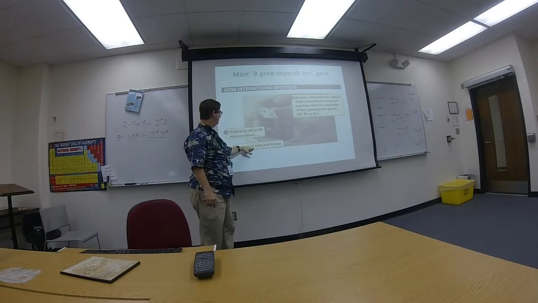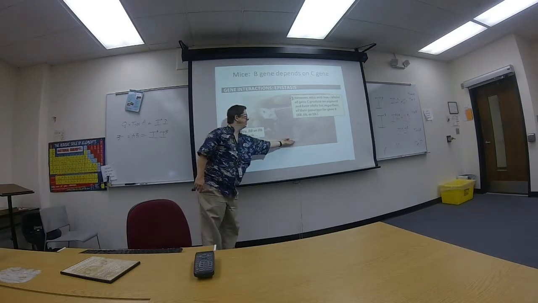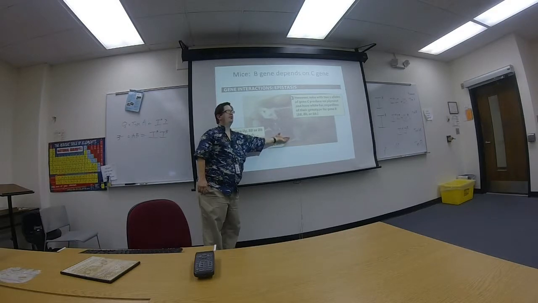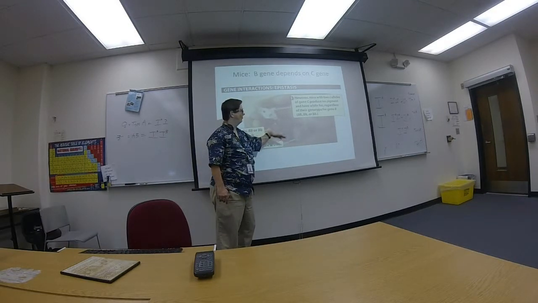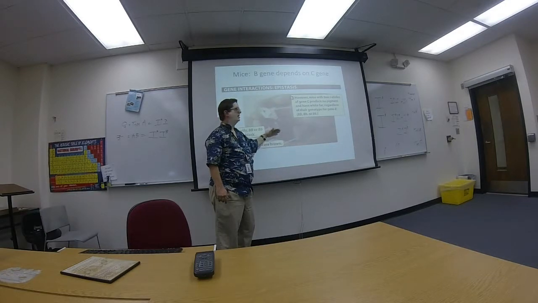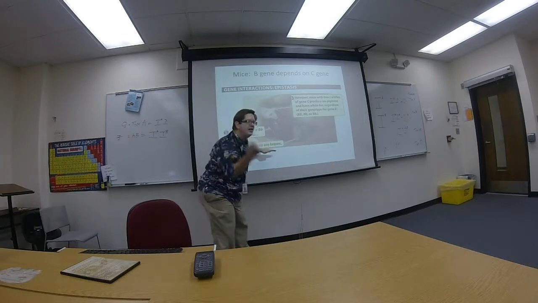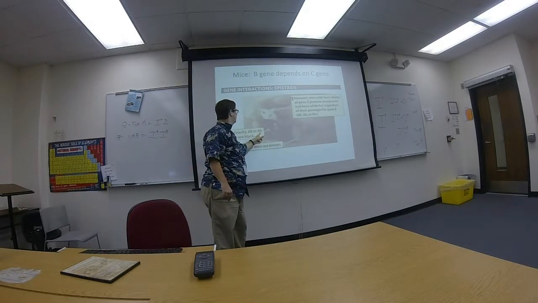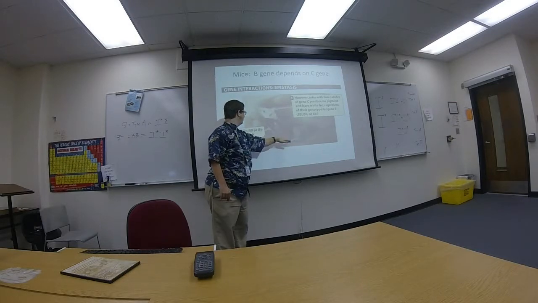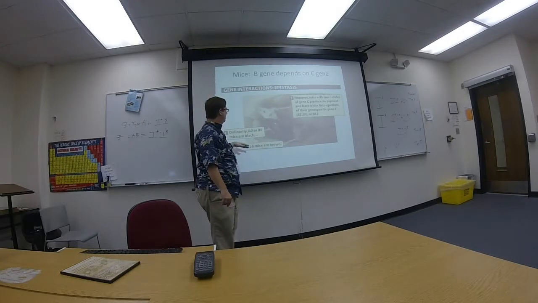And if you have little b, you're going to get a brown mouse. Does that make sense? So, would you say black is dominant or recessive? Dominant. And how dominant? Completely dominant, fully dominant, because the heterozygous looks like the homozygous. Does that make sense? Alright? So the recessive is brown, the dominant is black, and that's the way it is.